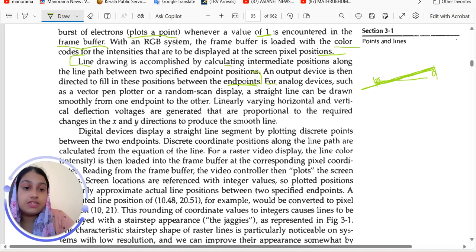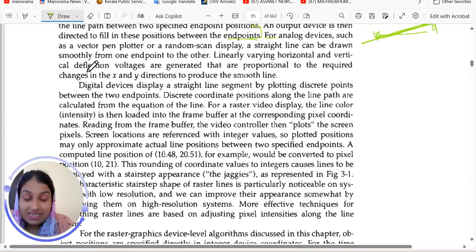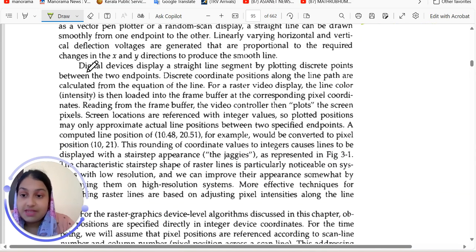Now, for analog devices such as a vector pen plotter or a random scan display, a straight line can be drawn smoothly from one endpoint to the other. Linearly varying horizontal and vertical deflection voltages are generated that are proportional to the required changes in x and y direction.